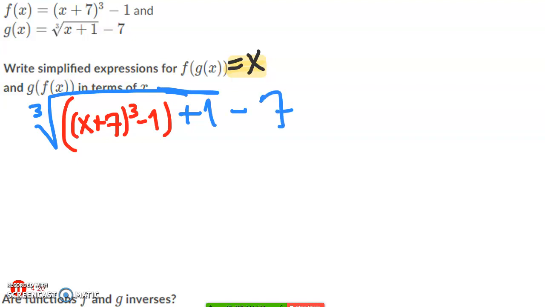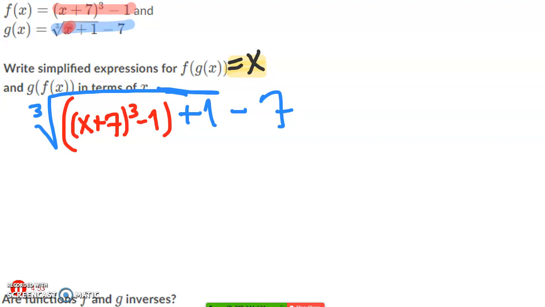So we took f of x and we stuffed it inside g of x. We took it and we stuck it right there where the x is. Alright? I hope this is clear.